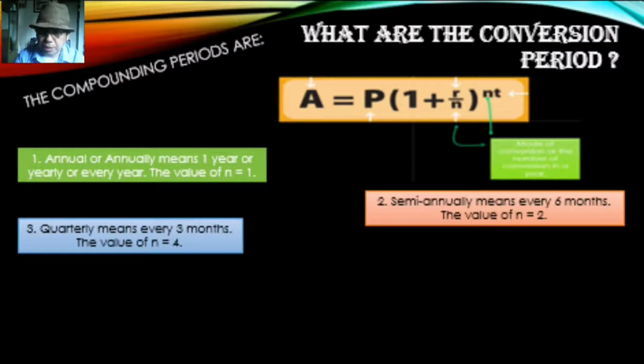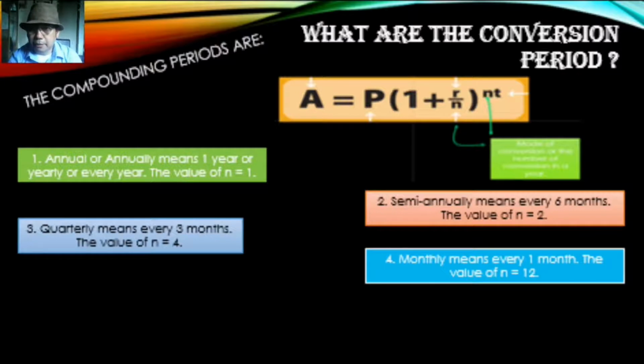Another is monthly, which means every 1 month. Meaning to say, the periodical rate is applied every month. So how many times will it be applied in 1 year? 12 times. Okay, 12 times.